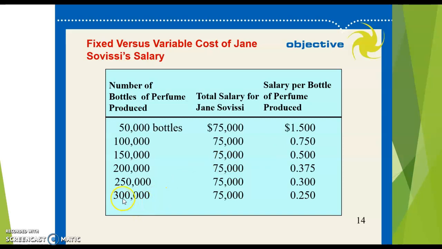Now, if we make 300,000 bottles, we have $75,000 divided by 300,000 bottles, it's only 25 cents. Each bottle is carrying 25 cents of Jane's salary that we have to cover. So the more bottles we make, each bottle carries less of Jane's salary.